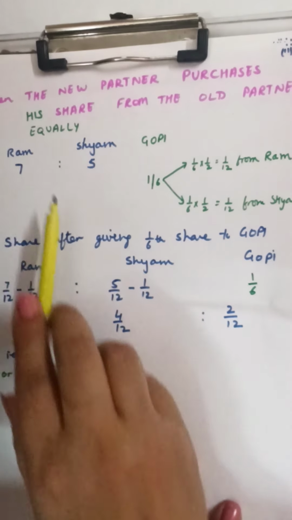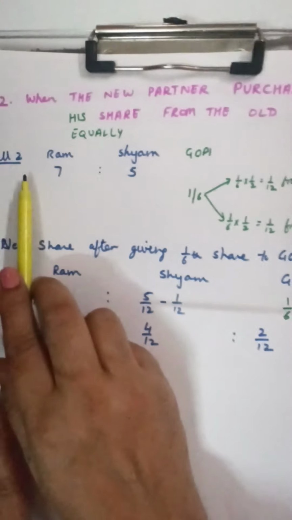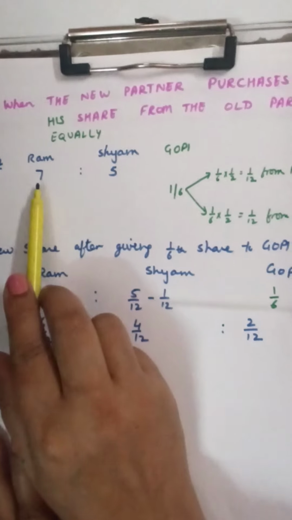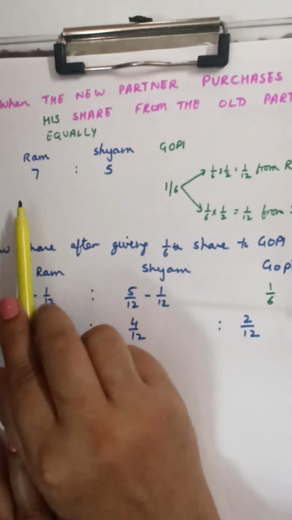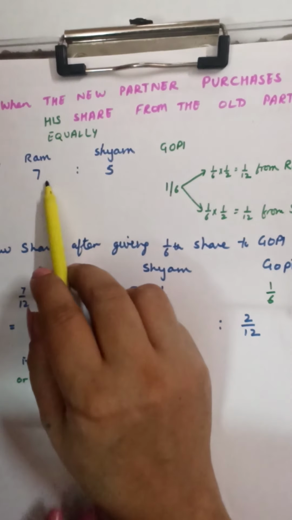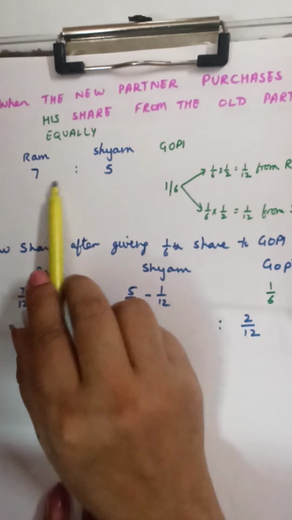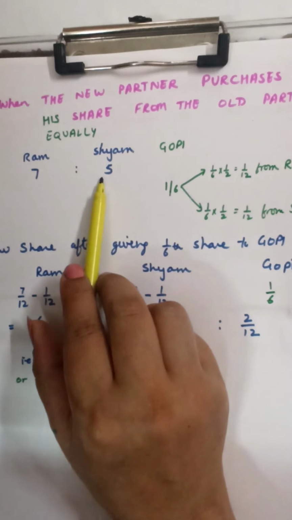Let us see how. Suppose now, girls, this is illustration 2 in your textbook. Ram and Sham shared the profits in the ratio 7:5.